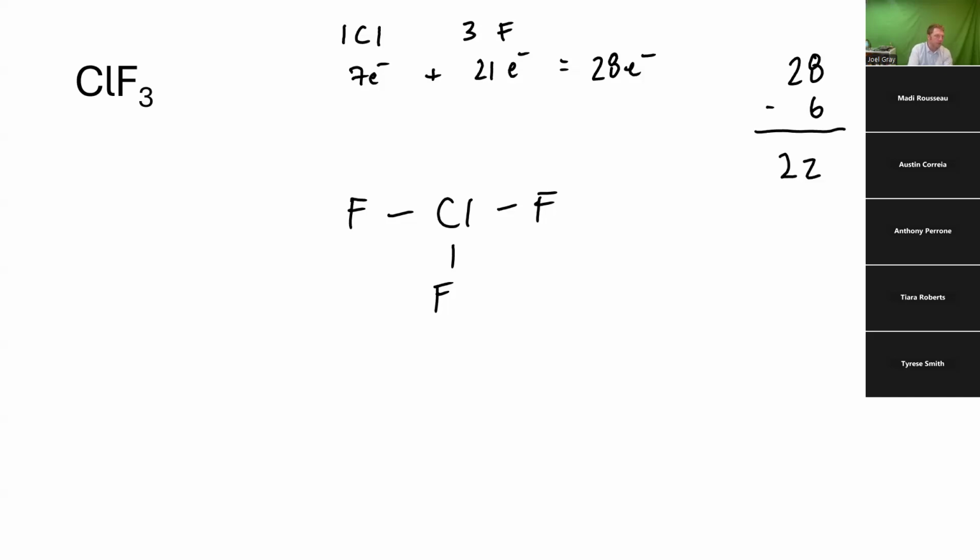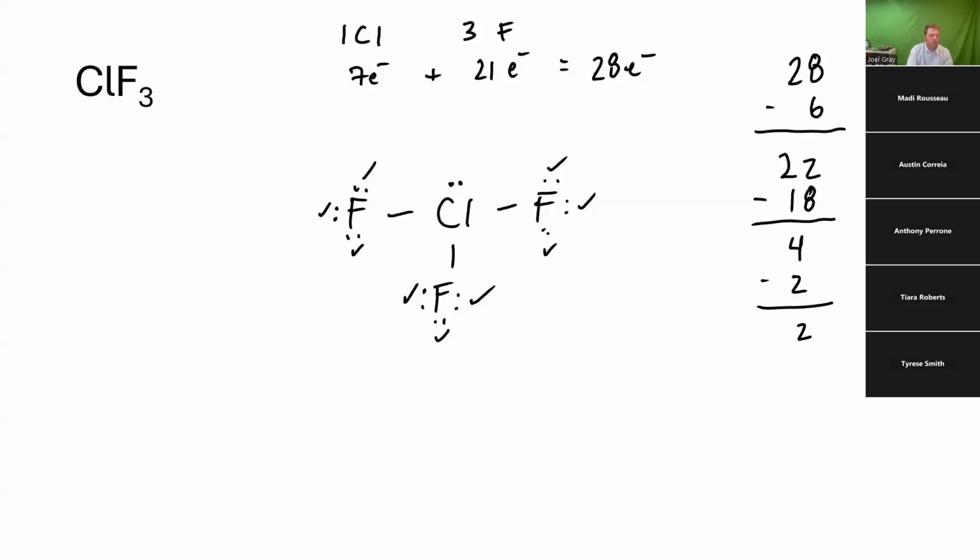The first place that we go is our outer electrons. So 2, 4, 6, 8, 10, 12, 14, 16, 18. Minus 18. Okay, so now I've got 4 electrons left to draw.